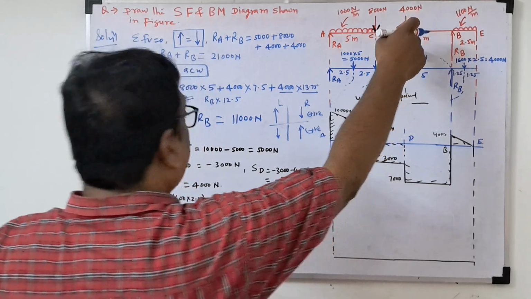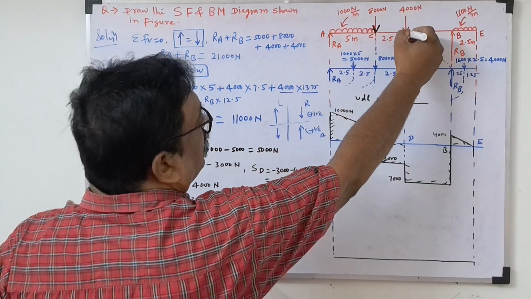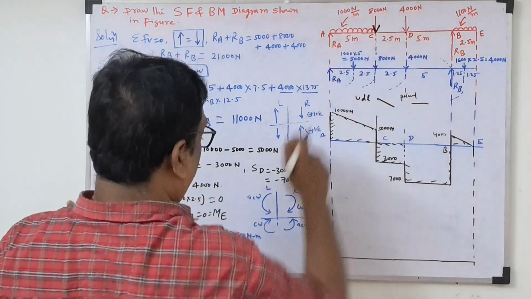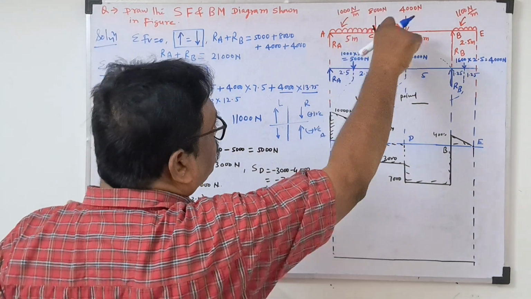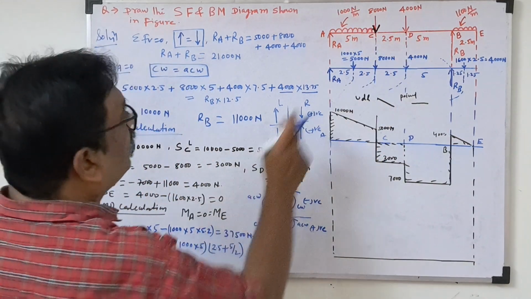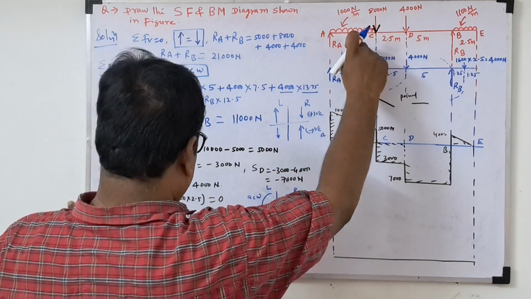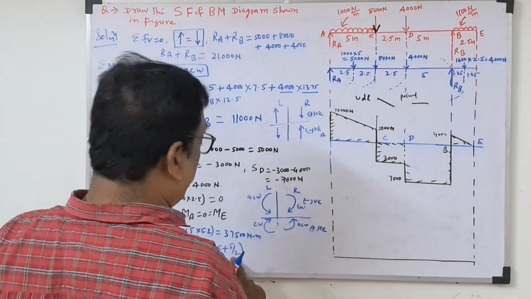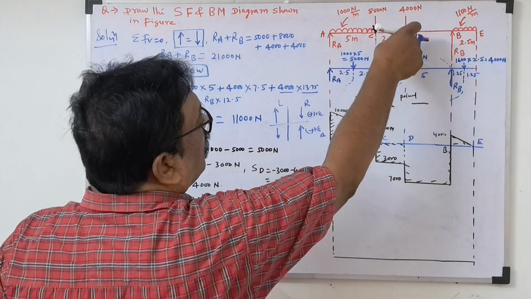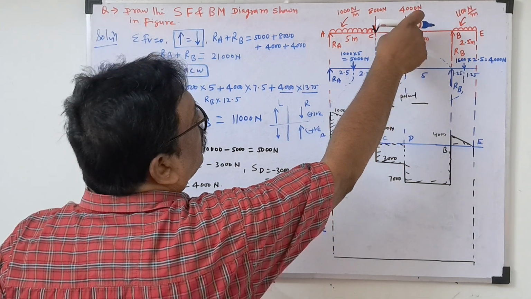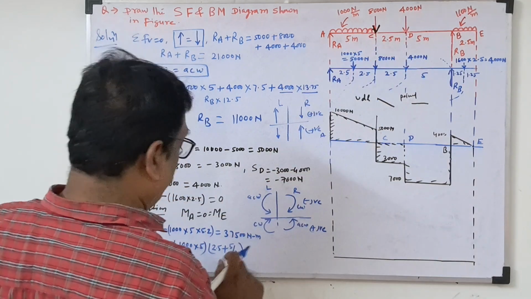D, listen again. At the moment about D, RA clockwise positive. Then this UDL 10,000 into 5 into 5 by 2, half distance, because for UDL we are taking half distance. Again, how much distance from this D point? 2.5, so added.